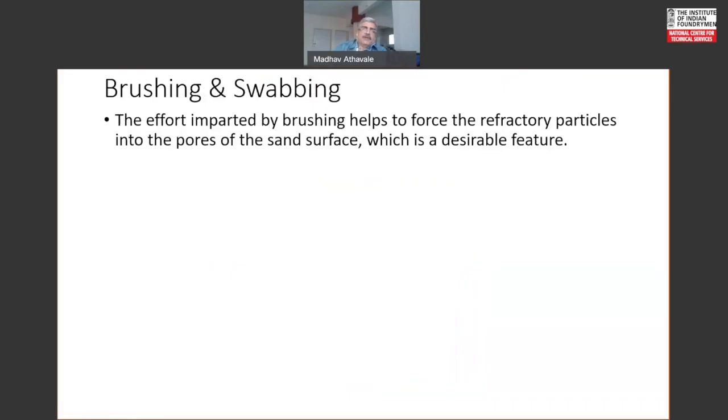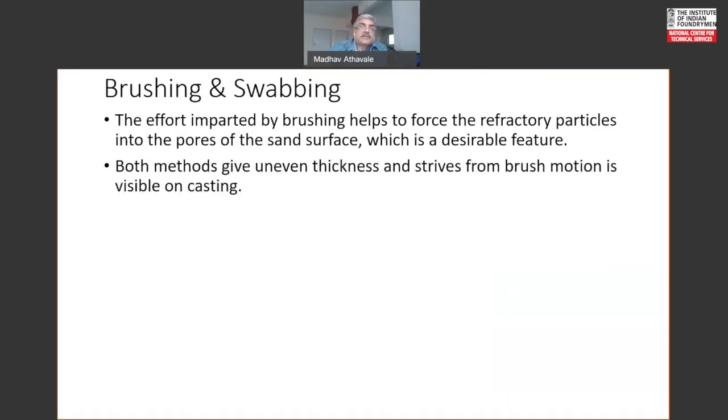Let's look at a few key points. Because there is an effort imparted by either brushing or swabbing, you are able to force the refractory particles into the pores of the sand surface, which is a desirable feature. But both brushing and swabbing will give uneven thickness because they are highly manual.